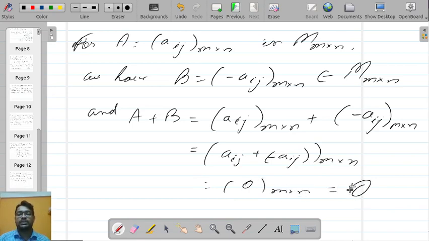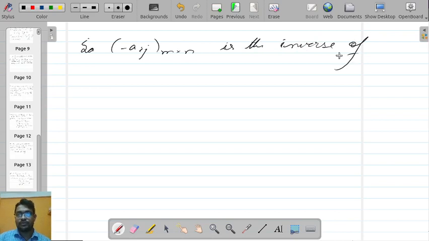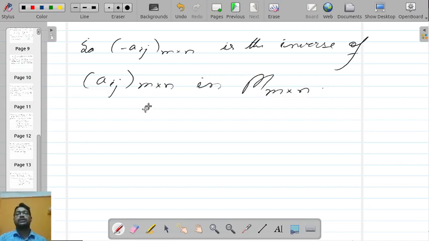So this is also equal to B plus A. So (-a_ij) is the additive inverse of (a_ij) in M_{m×n}.